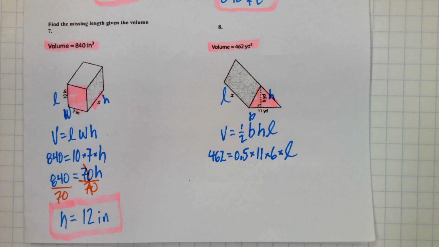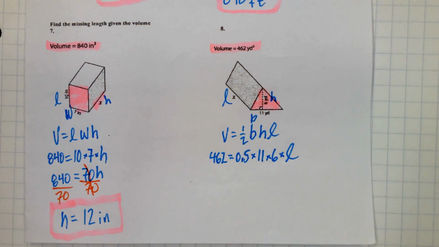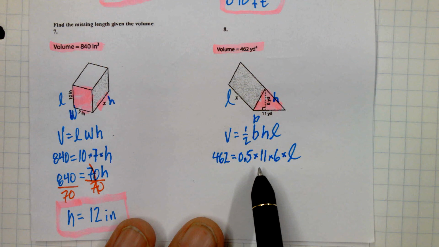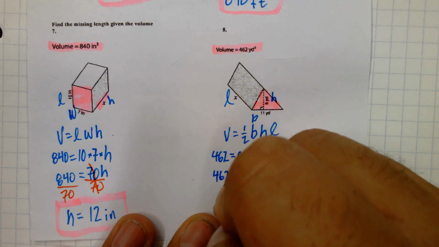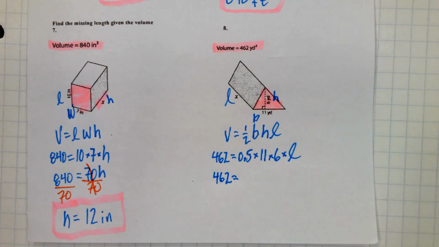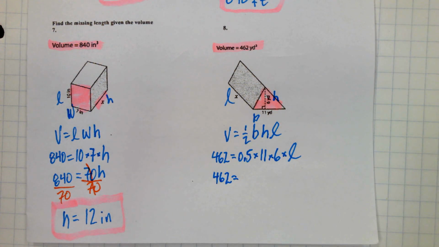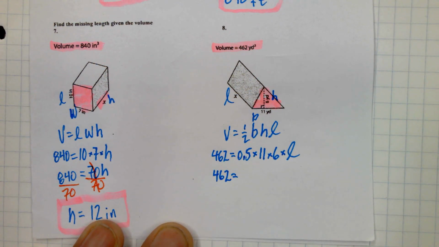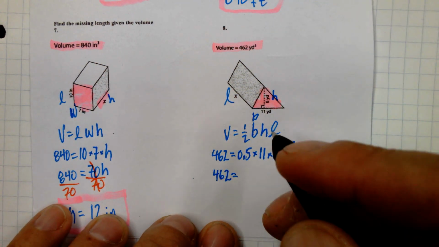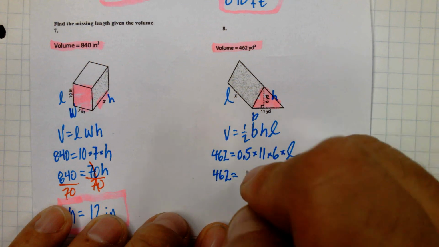And there we go. We have to simplify this part. 0.5 times 11 times 6. So multiply 0.5 times 11 times 6. How much is that? What's 0.5 times 11 times 6? 33.